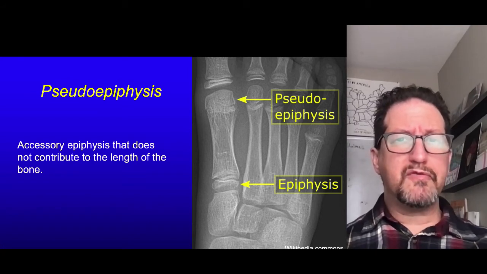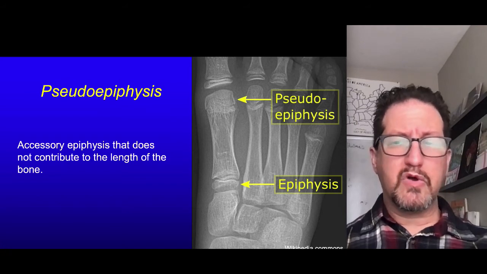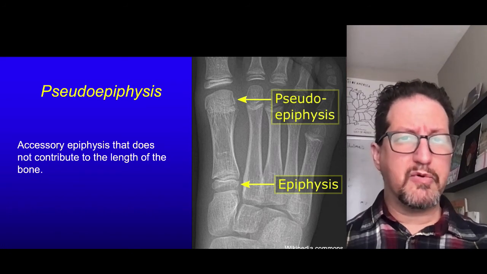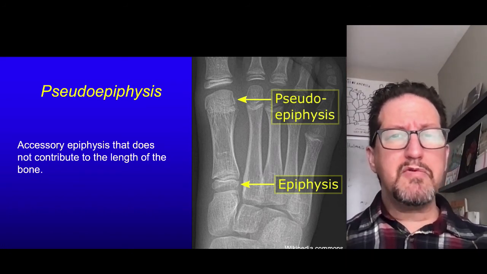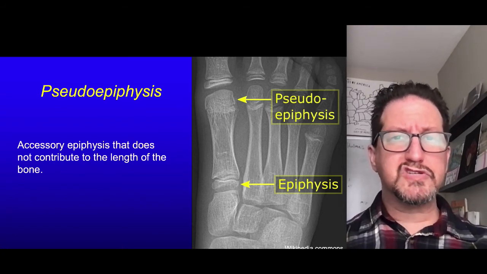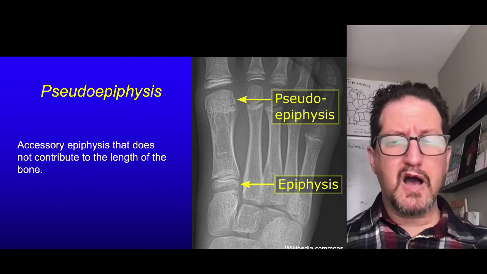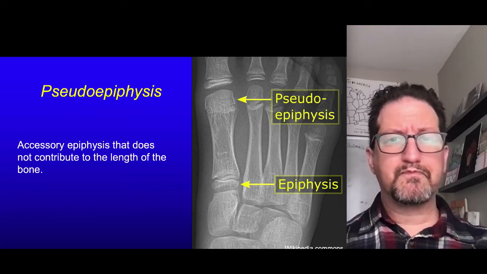Now the pseudoepiphysis is usually in long bones, so the only one that we really have to be concerned with in this course is the pseudoepiphysis of the first metatarsal. Remember that it doesn't contribute to the length of the bone, so it's really just something to watch out for and be cognizant of in case you see a child with this problem.